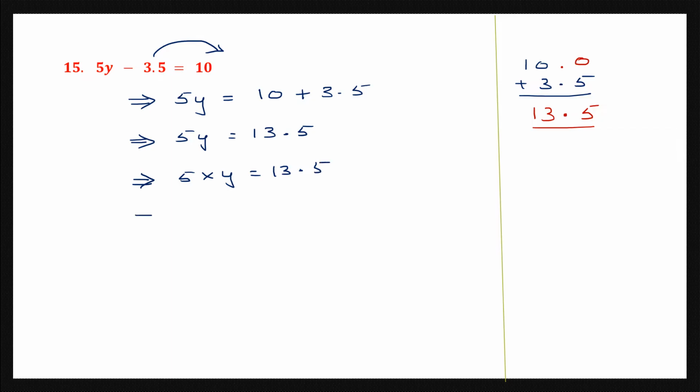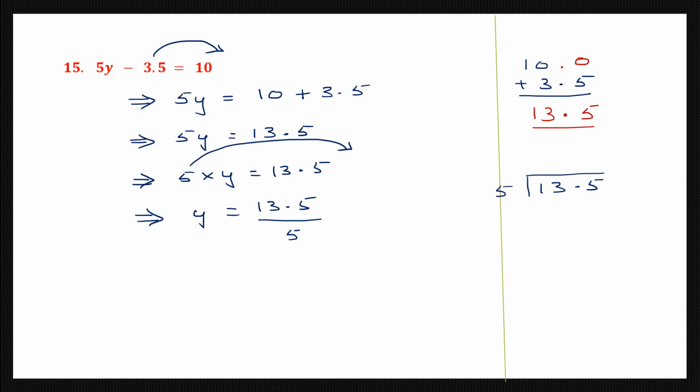So to solve for y, we write 13.5 and we transpose 5 to the right hand side. Because it's multiplication, it becomes division. So let's divide 13.5 by 5.